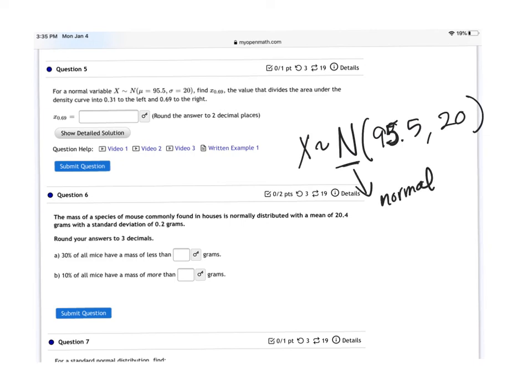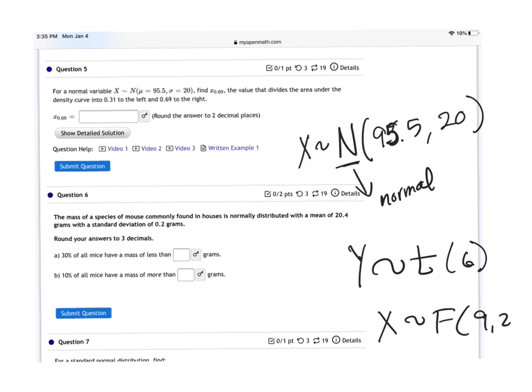All right, if ever you see that something is distributed, like if it was t, it would say t, and then it would tell you how many degrees of freedom, typically down here, like t with 6 degrees of freedom. If it was an f distribution, it would say distributed f, and that would give you both degrees of freedom.